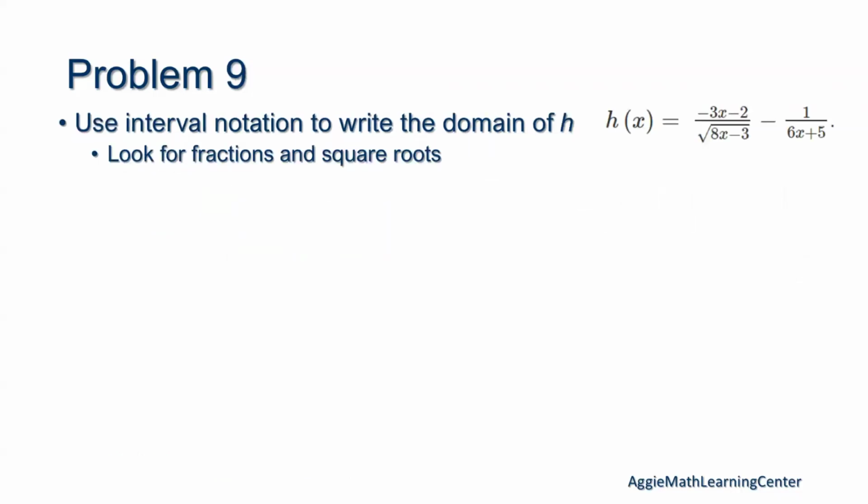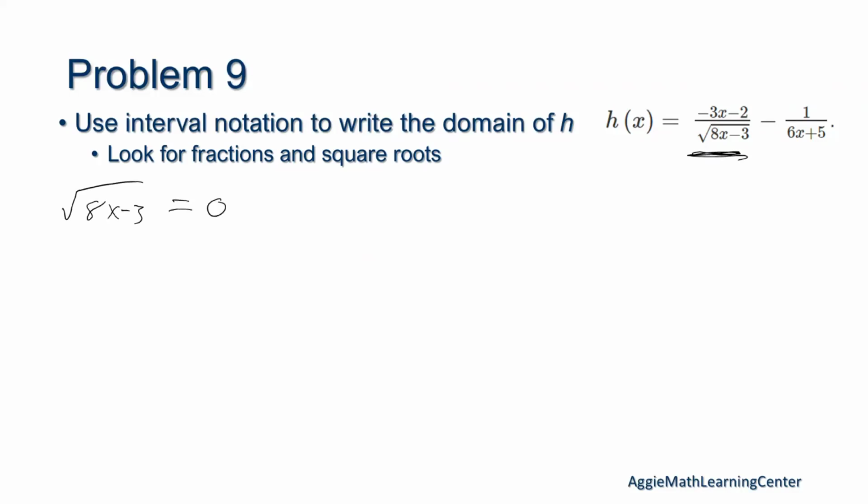Now this is a little bit more complicated. This is the one where you have to keep track of dividing by 0 and taking the square root of a negative number. So what you want to do is you'll have this square root of 8x minus 3, and you can set that equal to 0 and then solve for it.